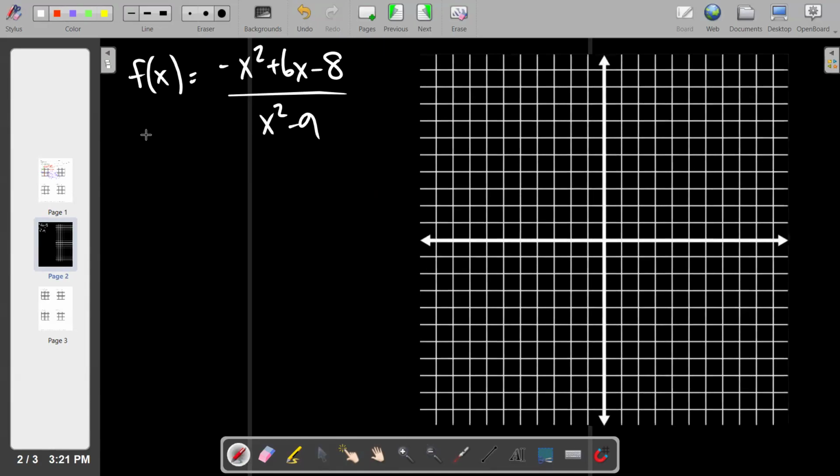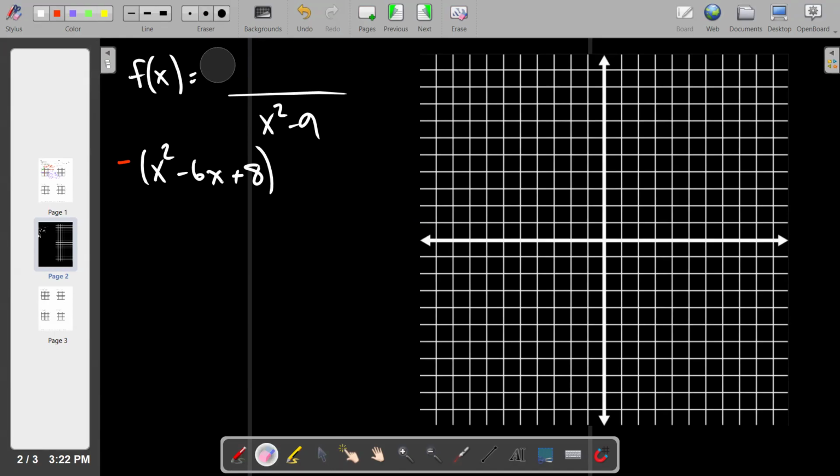So tell me about the top. How do you start the process of factoring the top? You agree with that, Gabe? Definitely want to pull that negative out. And if you pull that negative out, then you're left with x squared minus 6x plus 8. What does that factor down into? 4 and 2.